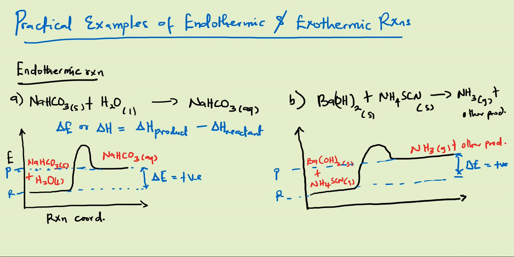So these conditions where we have the delta E or delta H to be equal to positive is called endothermic reaction. And the endothermic reaction is not limited to just these two examples. There are numerous other examples of endothermic reactions, but these are just some representative examples.